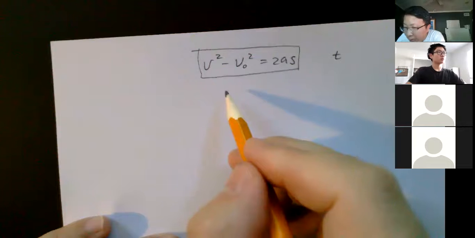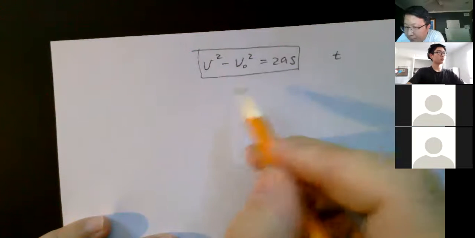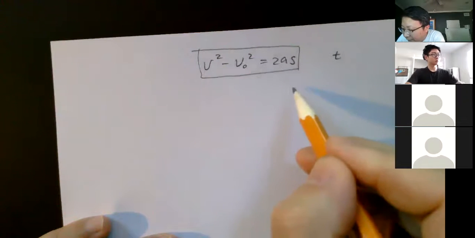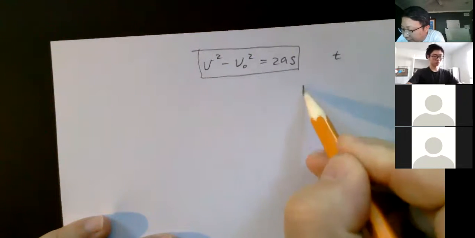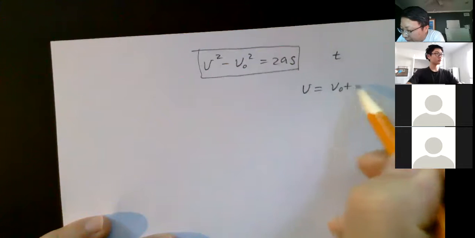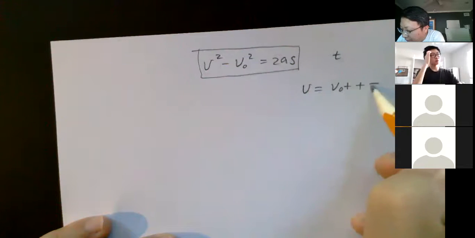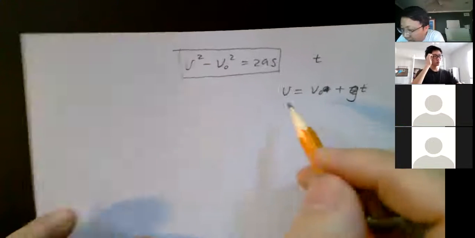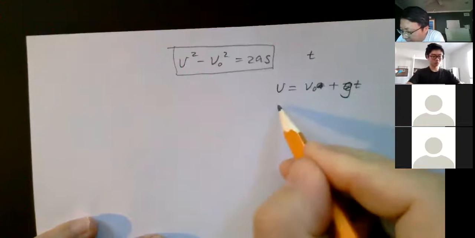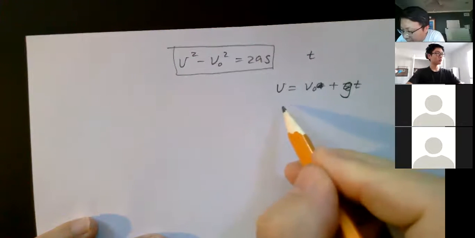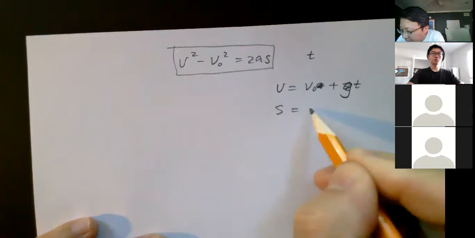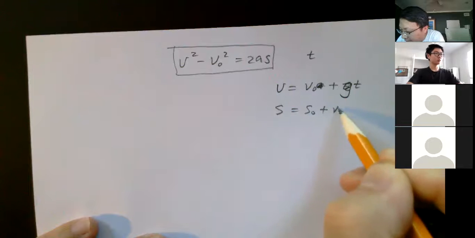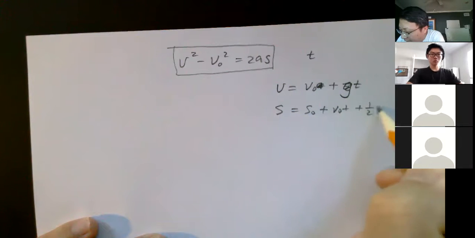Of course you can derive it once you have v equals v0 plus gt, and I'm not very good at formulas, but I have to go back to my principle, and also distance equals s0 plus v0t plus 1/2 gt squared.